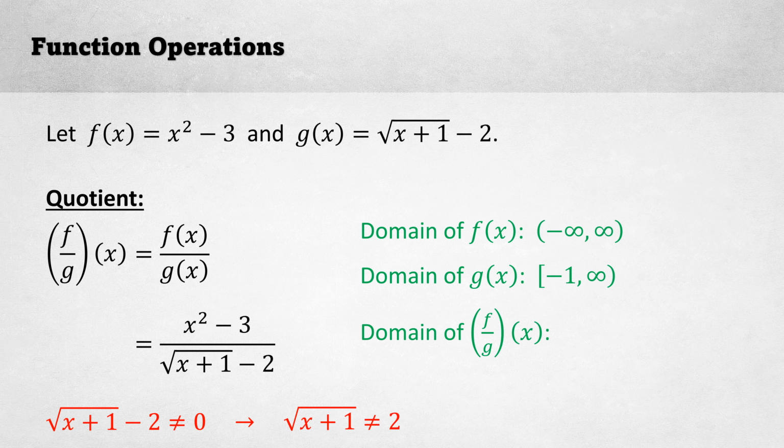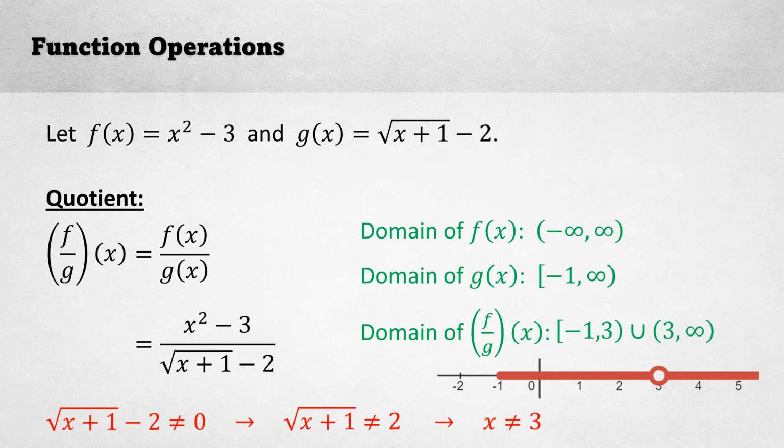We add 2 to both sides and get square root of x plus 1 not equal to 2. We can see that when x equals 3, square root of x plus 1 equals 2, so x cannot be 3. Negative 1 to infinity satisfies both f and g, and we need to remove 3 as it makes the denominator 0. So removing 3 from negative 1 to infinity, we get a domain of negative 1 to 3, including negative 1, union 3 to infinity.